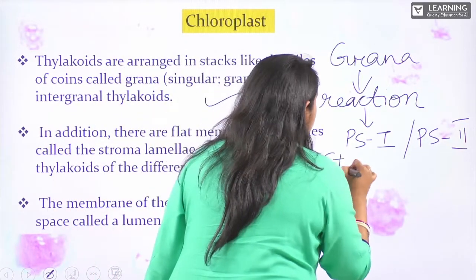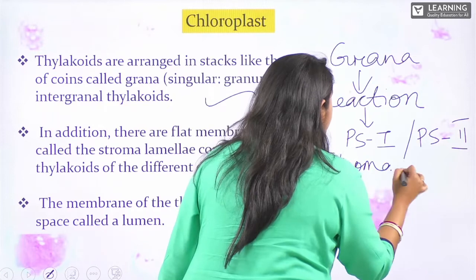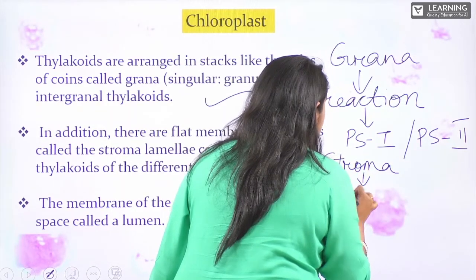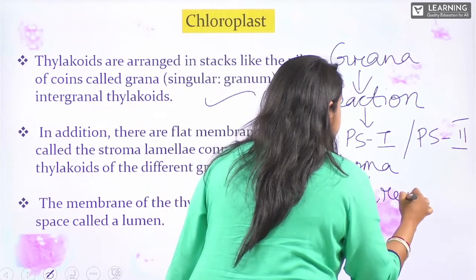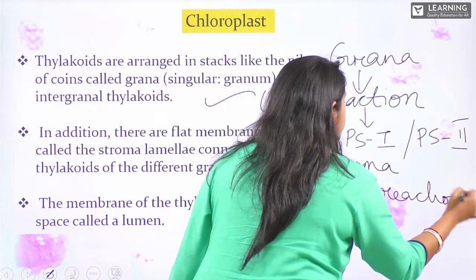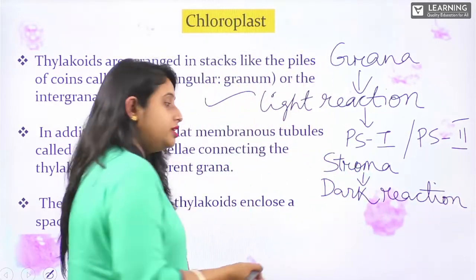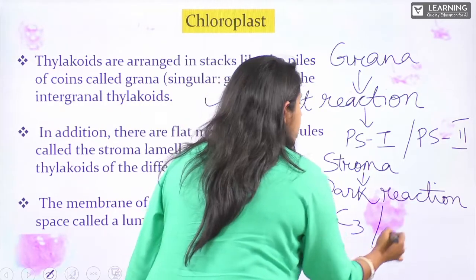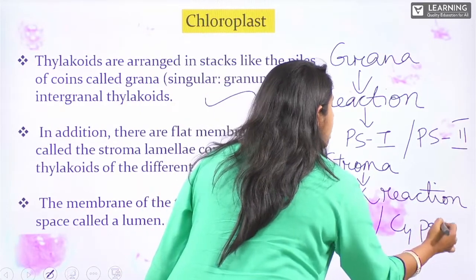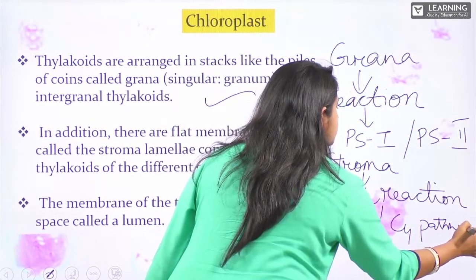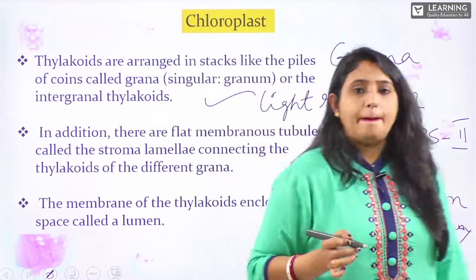Whereas the stroma is responsible for the dark reaction in plants, that is the C3 and the C4 pathway.